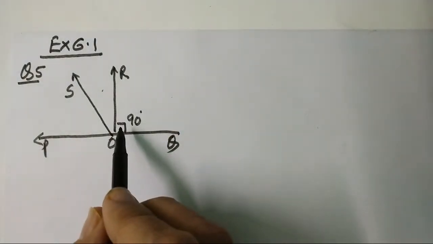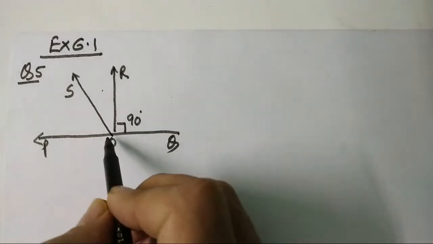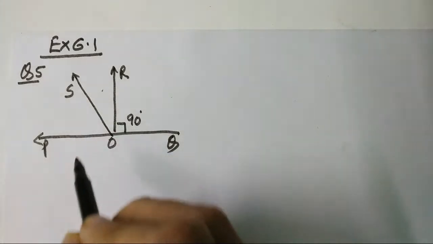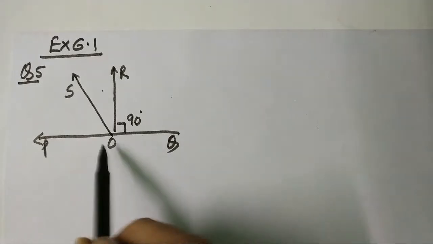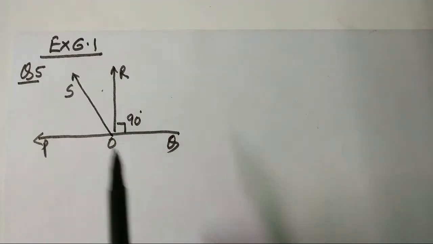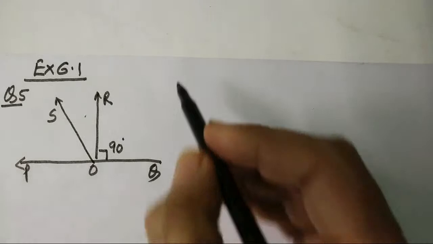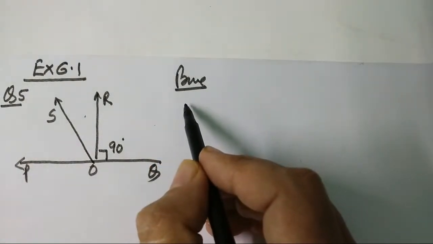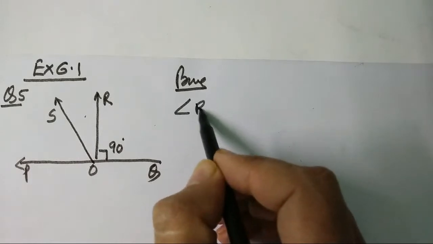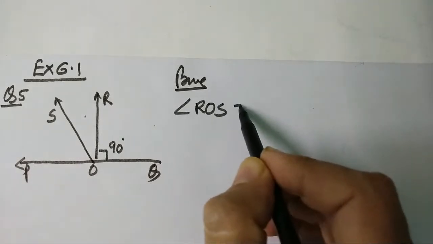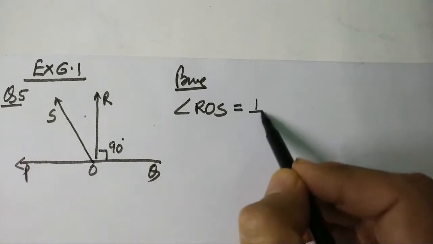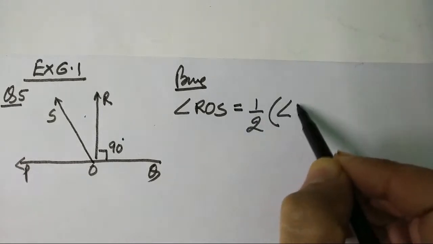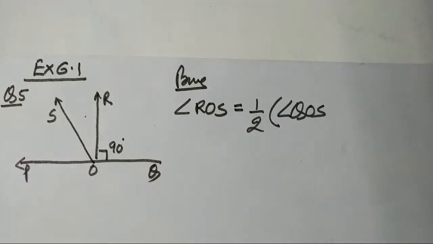There is another ray OS, and in this you have to prove a statement which is angle ROS is equal to half of angle QOS.